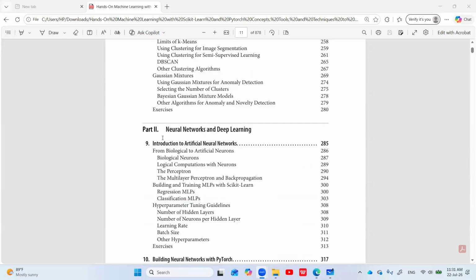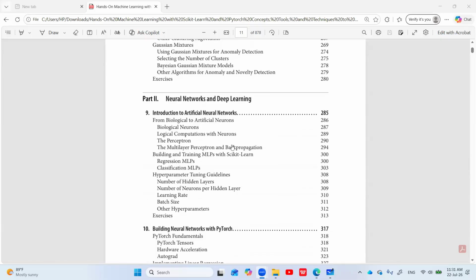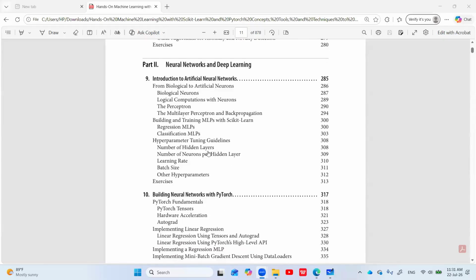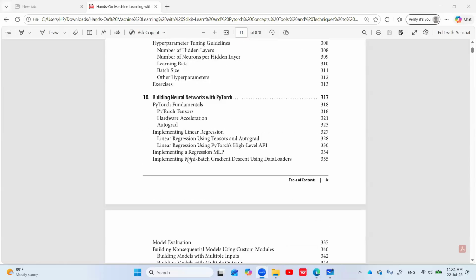In part 2, we will learn about neural networks and deep learning. There we will learn what a perceptron is, the multilayer perceptron, the learning rates, and the things highlighted here. In chapter number 10, we will build a neural network with PyTorch.